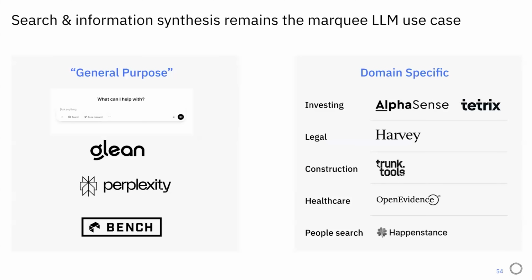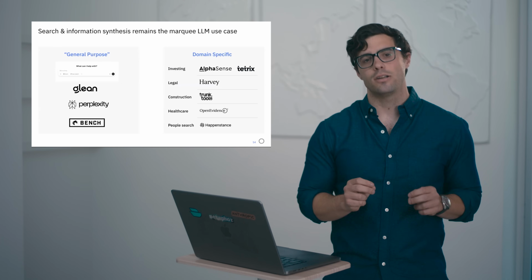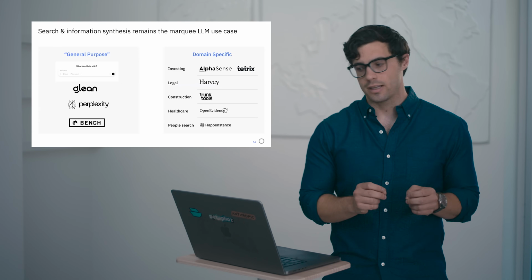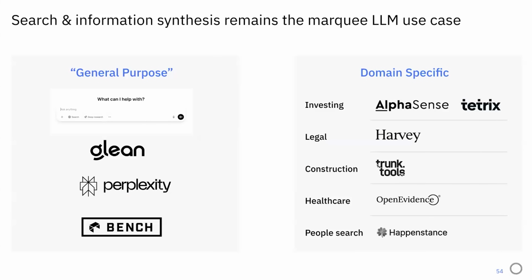But what you may be less familiar with is that there are literally thousands of domain-specific versions of this, right? So you see a lot of versions of this in investing, where a certain type of investor or analyst might want to analyze a lot of information in a domain to help come up with some financial analysis or prediction or investment recommendation. You see it in the legal domain, where basically the whole job of lawyers is to analyze unstructured information like case law, precedent, things like that.